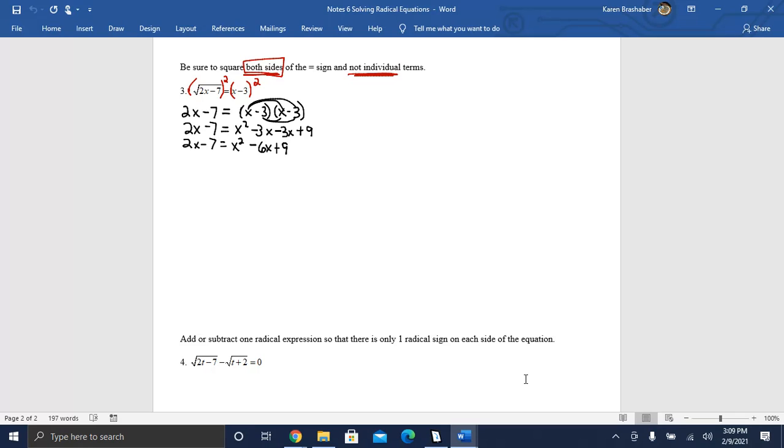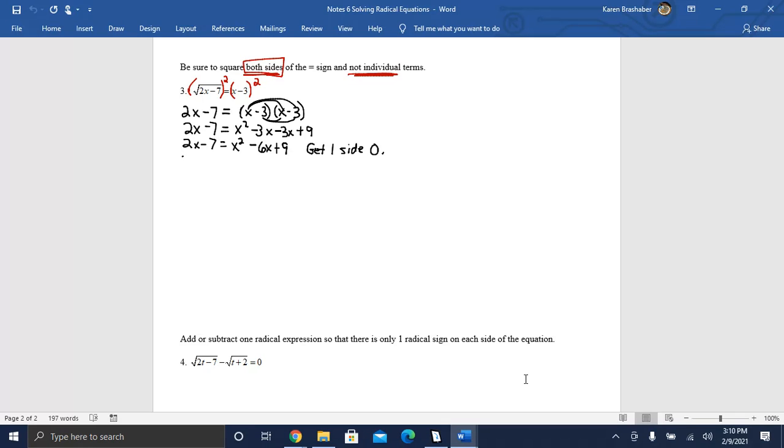So now you're going to have to recognize that you have an x squared term. When you have an x squared term, you have to get one side equal to 0, because you're going to either factor it or you're going to have to do the quadratic formula.